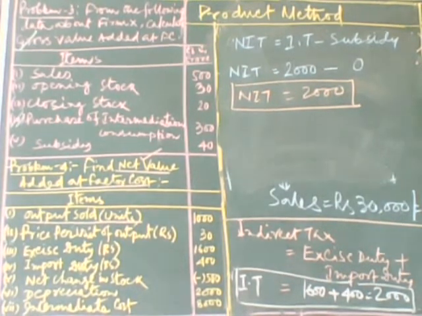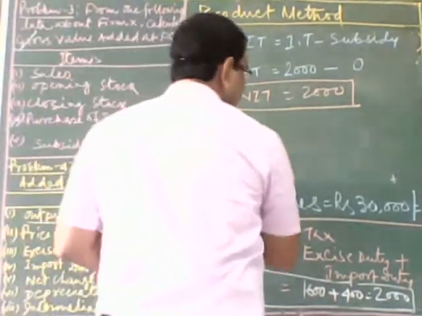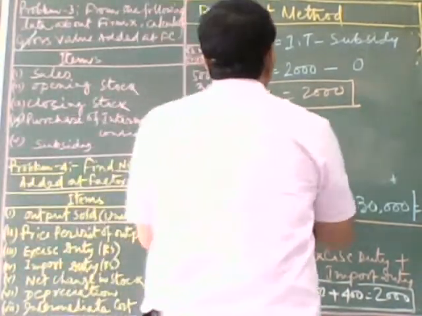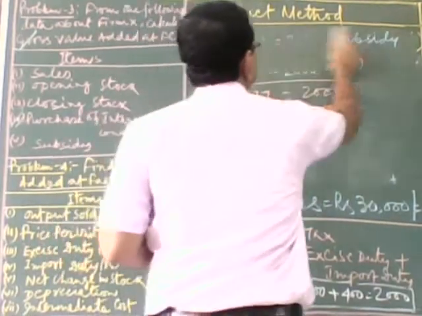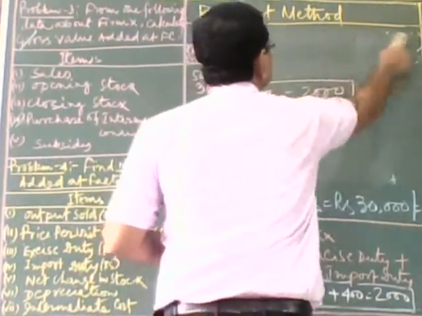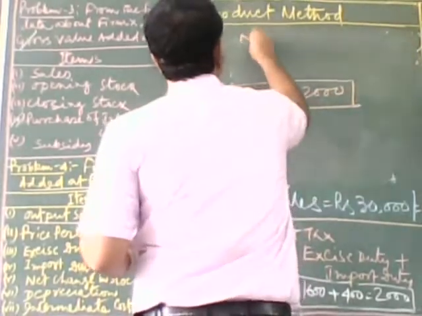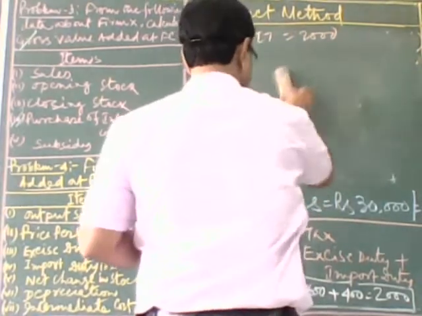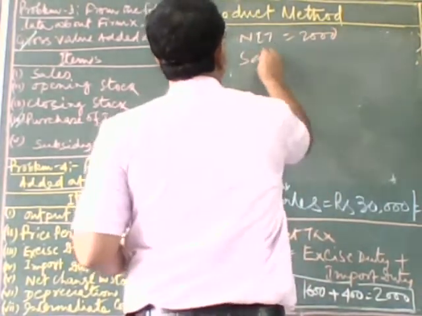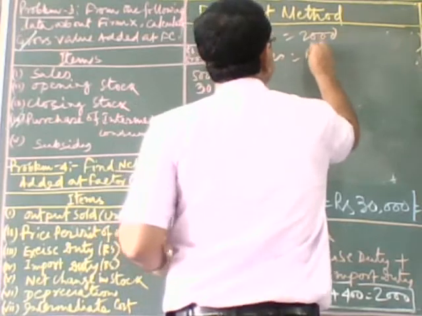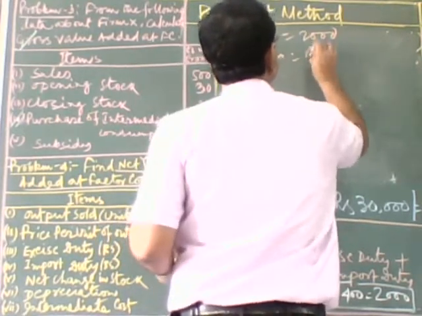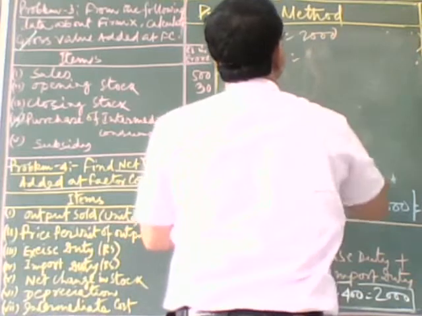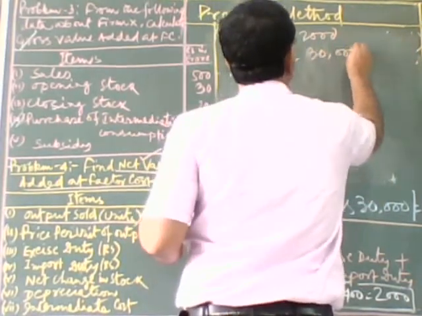According to the concept of product method, we know that NIT is equal to 2000. Sales is equal to 30,000.